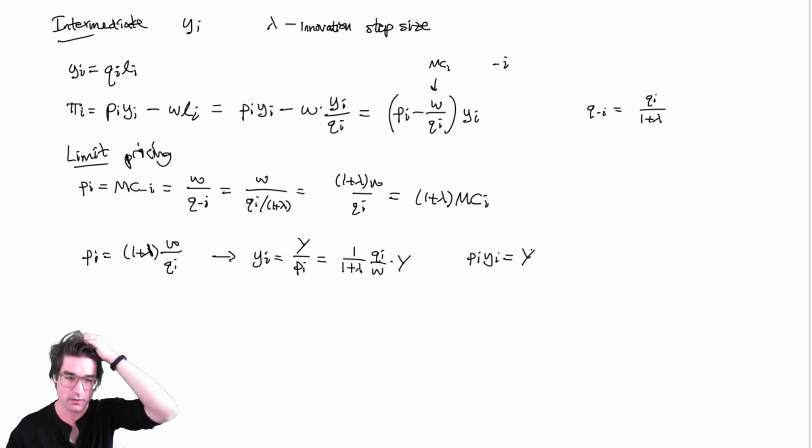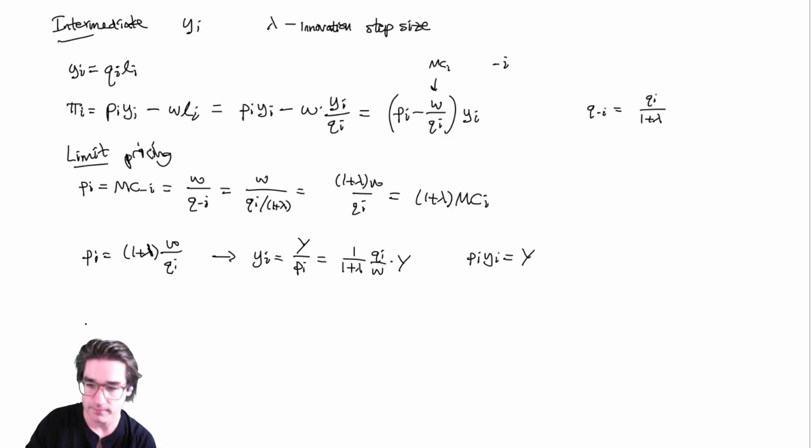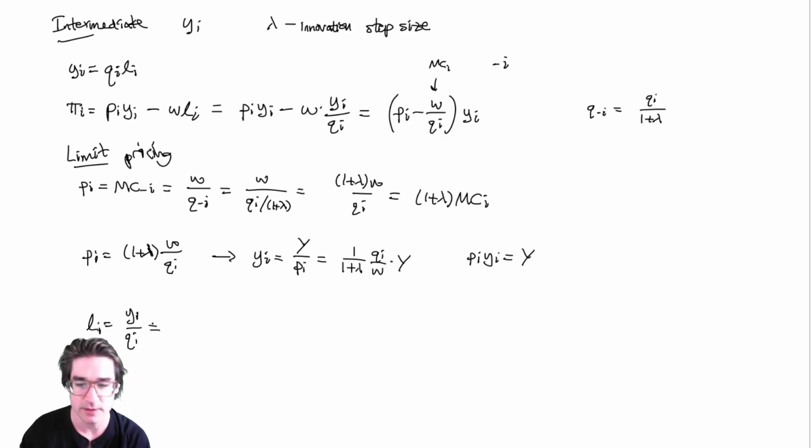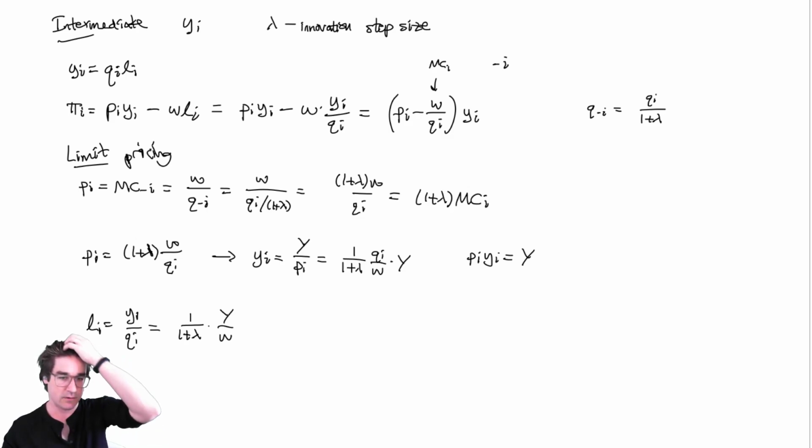All right, so we kind of know everything. We know the price, we know the quantity, and we know the labor if we want to. Labor is just YI over QI. If they're producing YI, we can back out their labor. So that's just this thing minus the QI term: 1 over 1 plus lambda times Y over W. The wage is still undetermined, and we'll figure that out in a bit.